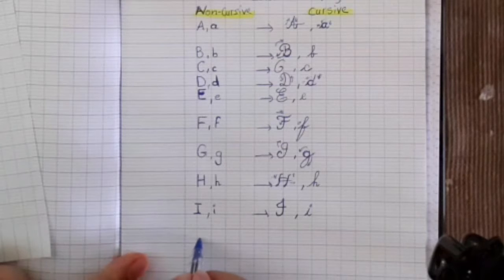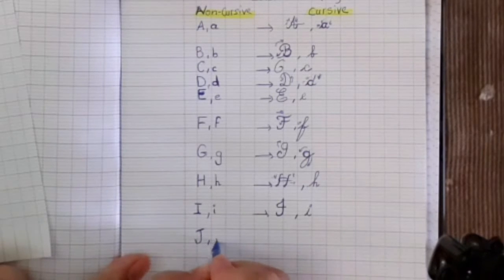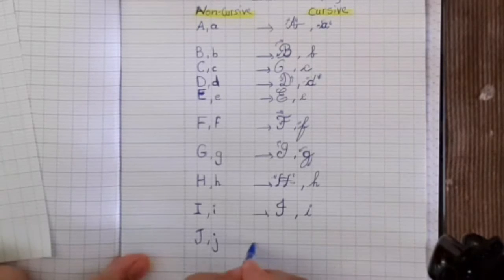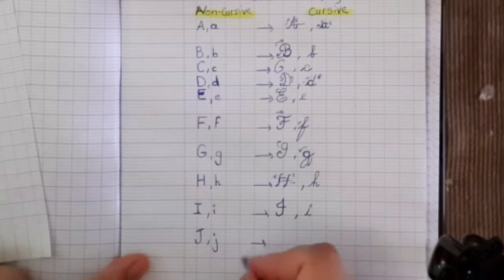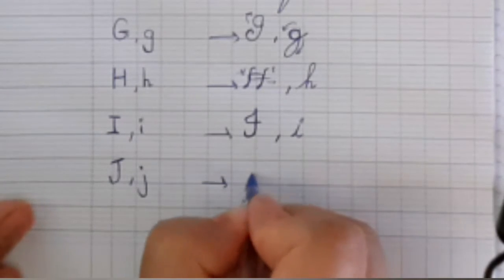Now J is written like that in non-cursive form. It is like that. And in cursive form, it is like that.